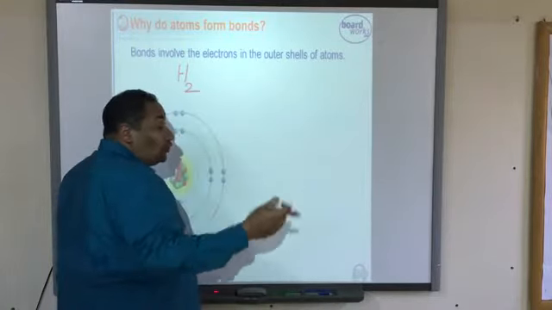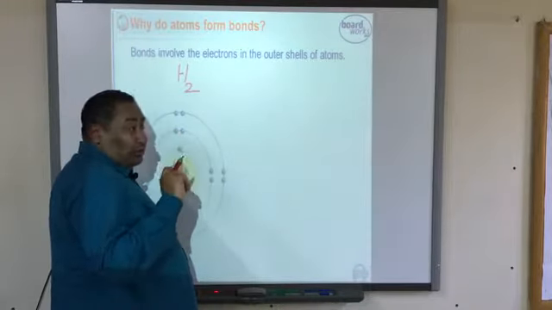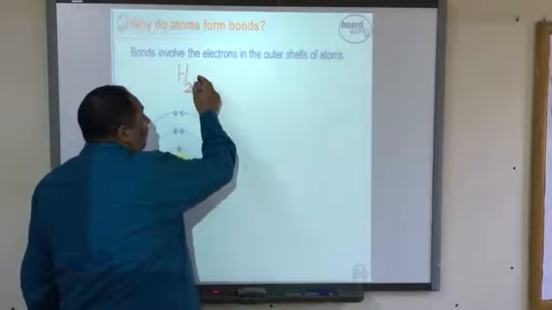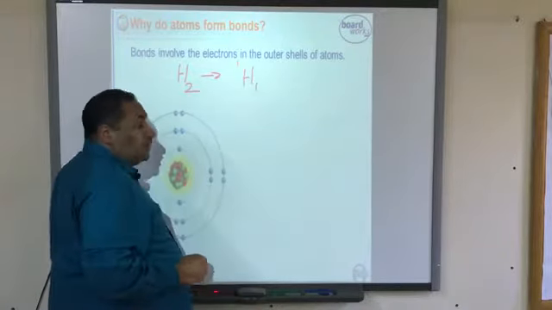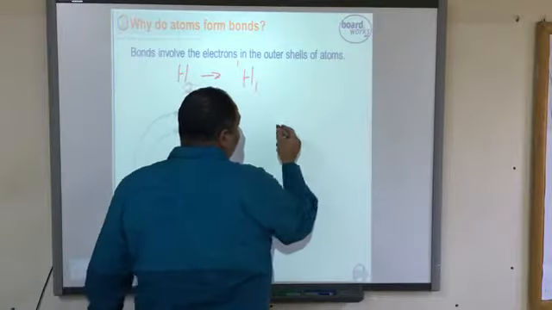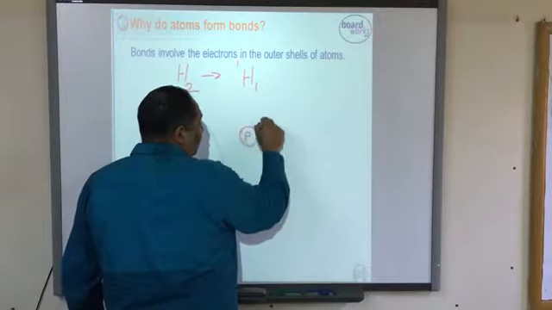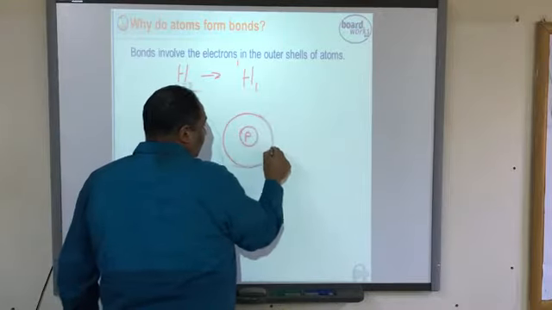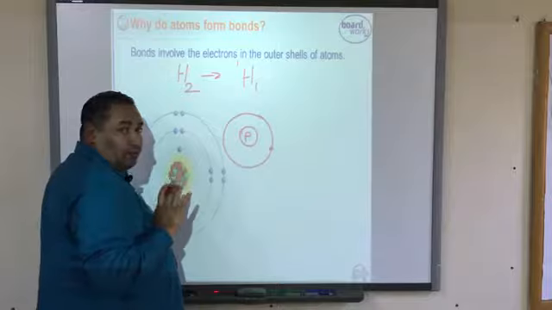The question is, why two atoms? Because hydrogen cannot stay alone. The structure of hydrogen, H1, is very simple: one proton and one electron around. This is the structure of hydrogen.